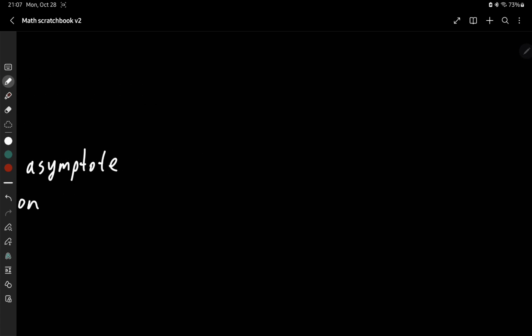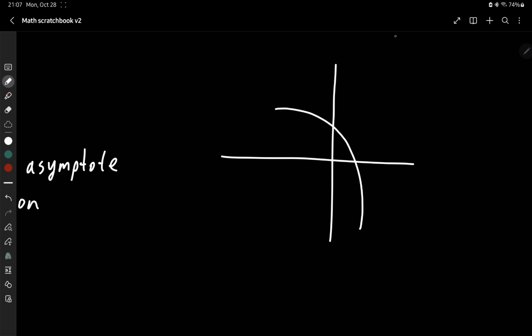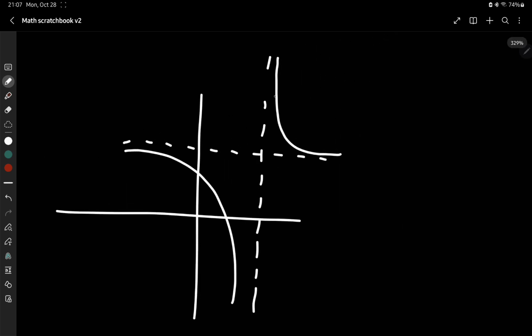So when you think about an asymptote, that's when a function is undefined. Say we have a graph, and the asymptote is where, let's say we increase values of x, say x equals 1,000,000,000 or something like that.